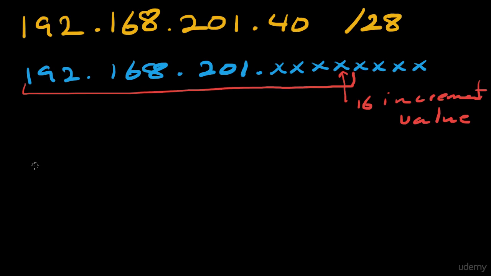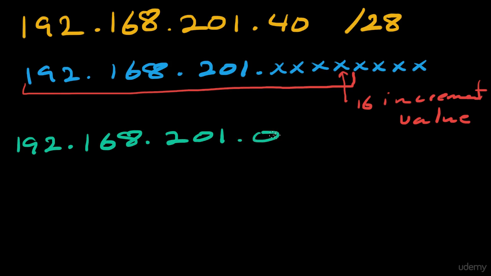So using that information, I could actually back out the original network IDs. The original network ID was 192.168.201.0. How do I know this? Well, the original network ID is class C. Class C has a default prefix of /24.